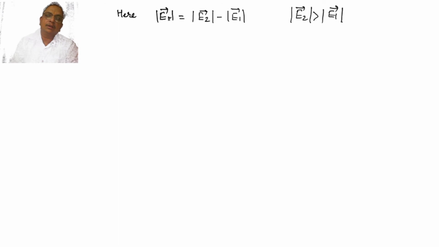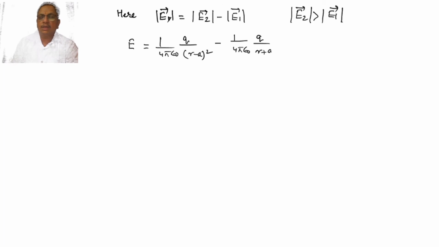E is equal to 1 over 4 pi epsilon 0 Q upon R minus A whole square minus 1 over 4 pi epsilon 0 Q upon R plus A whole square. We take Q upon 4 pi epsilon 0 common outside, and in the bracket 1 upon R minus A whole square minus 1 upon R plus A whole square.